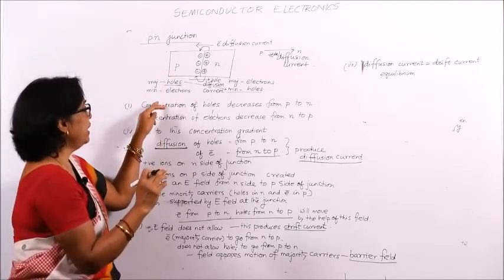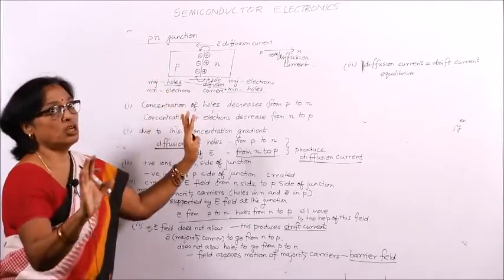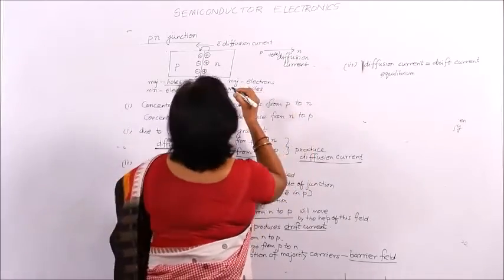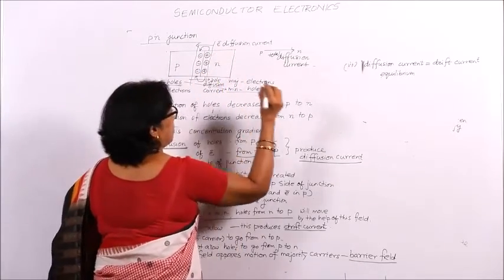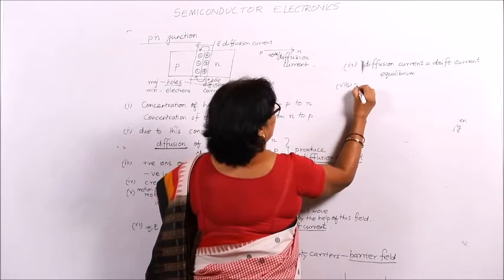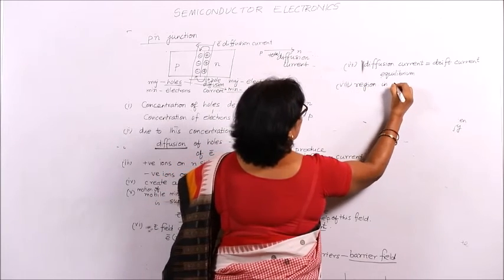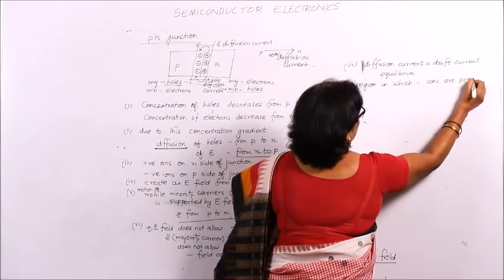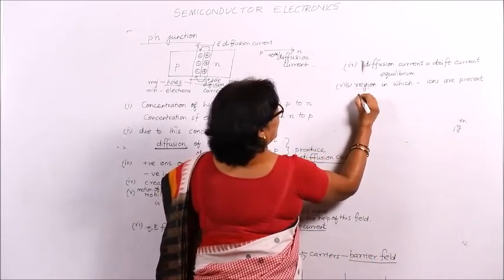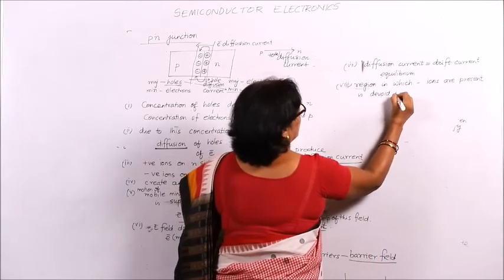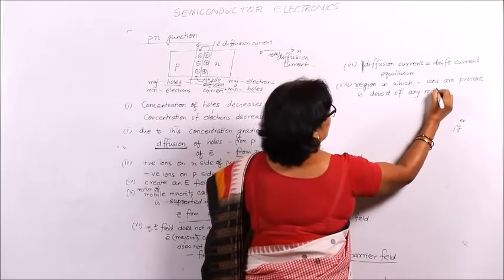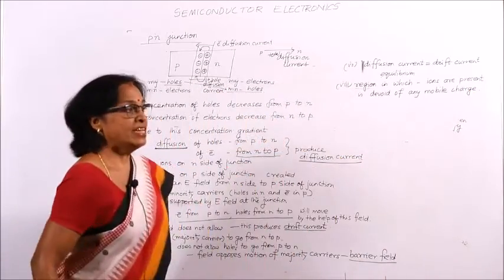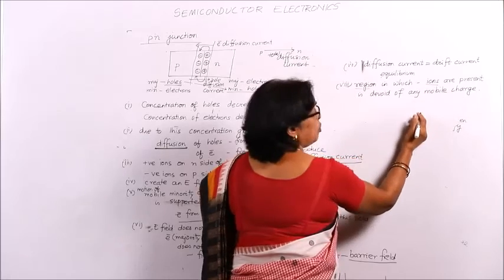If you connect it to an external circuit just like that, it will not conduct because across the junction there is a field, which is called barrier field. The region in which these ions are present is devoid of any mobile charge, because these ions are immobile.